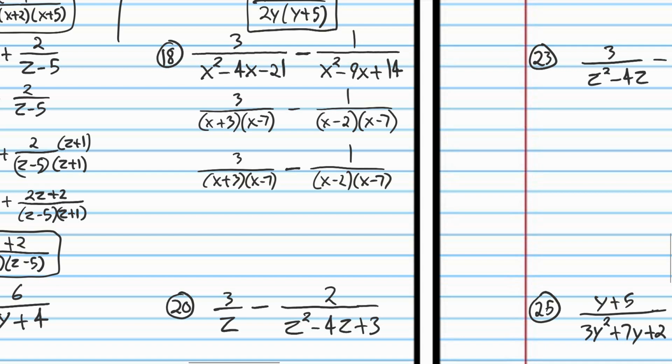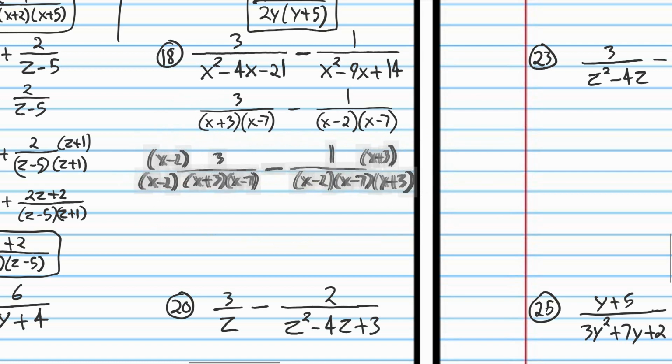All right. So now we're going to multiply both sides of this fraction by x minus 2 because it doesn't have an x minus 2. And we're going to multiply both sides of this fraction by x plus 3. I'm going to move that over a little bit and put a divider just in case there's a confusion.